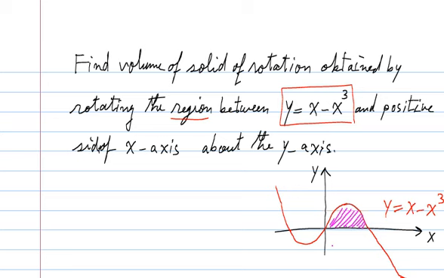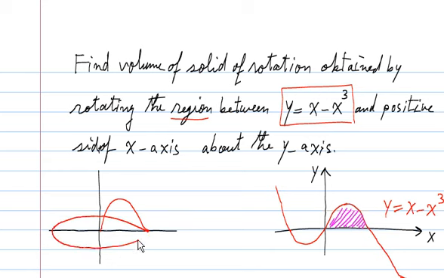So let me draw another picture. You have a region looking more or less like this. We are taking this and turning it about the y-axis. So when we're turning it, we are going to create a solid more or less like this.